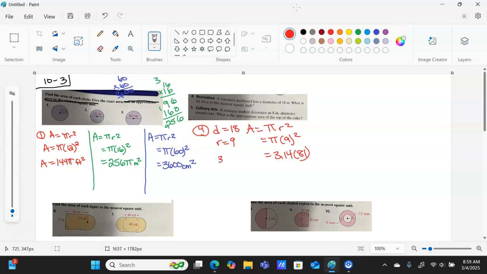3.14. 9 squared is 81. So here I do have to do the full-on multiplication. Multiplying by 1 is pretty easy. 8 times 4 is 32. Carry the 3. 8 times 1 is 8. Plus 3 is 11. Carry the 1. 8 times 3 is 24. Plus 1 would be 25.